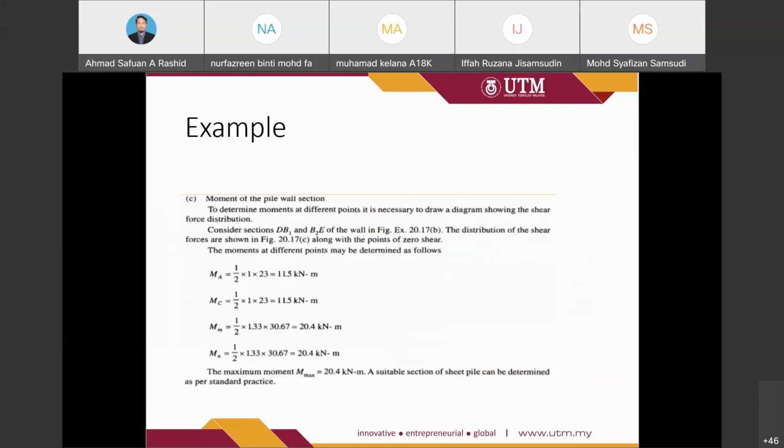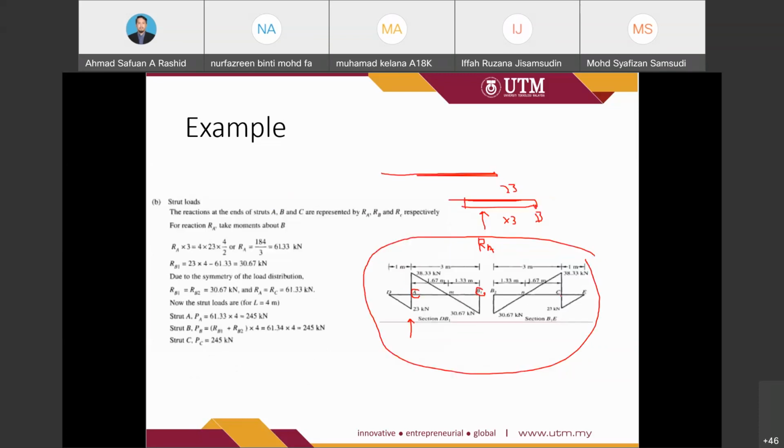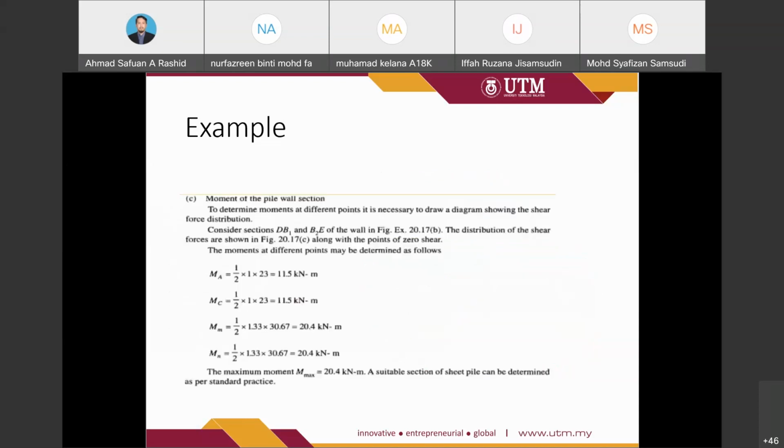However, for the MM, it is half times 1.33 times 30.67, which is this one. To get the values 1.67 and 1.33, we need to use what we call the similar triangles method. So that is for the MM.